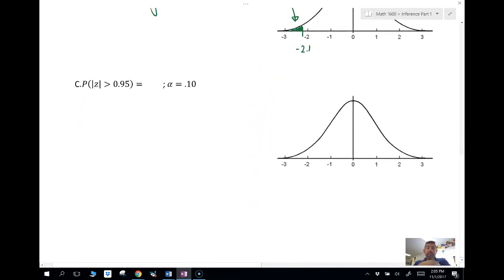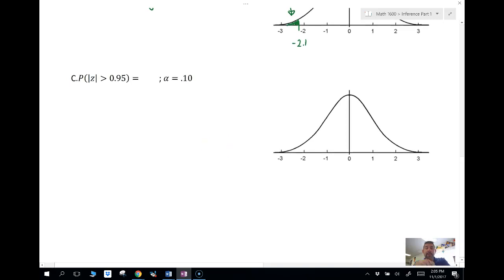What is this absolute value I see? What does that mean? Well, that comes from when we have a not equal to sign in our alternative hypothesis. What this means is just we're going to go to negative 0.95 and we're going to go to positive 0.95, and we're going to shade up like that and down like this.